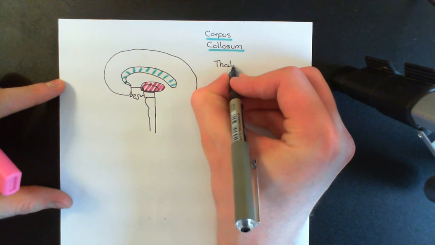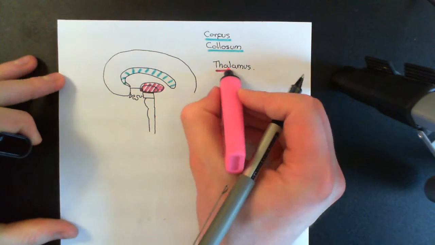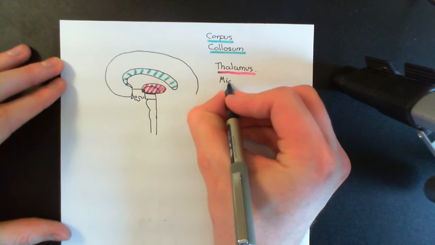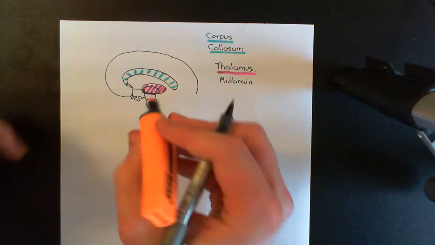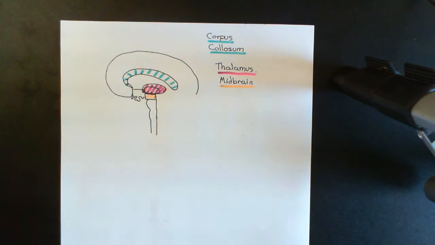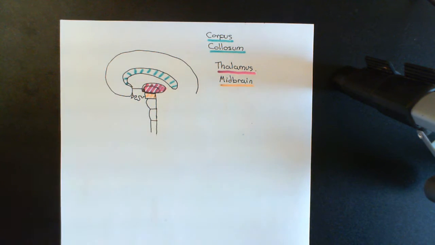So this is the right thalamus that we've got here in purple. Then we've got the midbrain, and I'll colour the midbrain in orange. So we've got the midbrain there in orange. Then below the midbrain we've got the other portions of the brainstem.